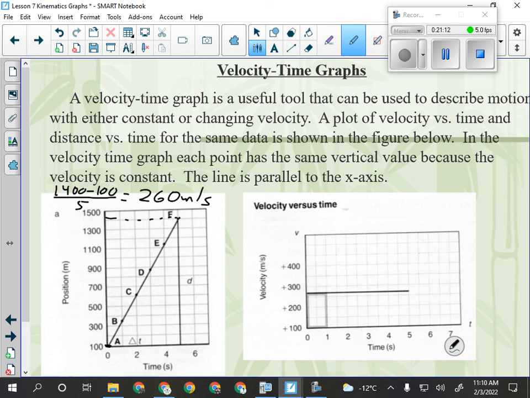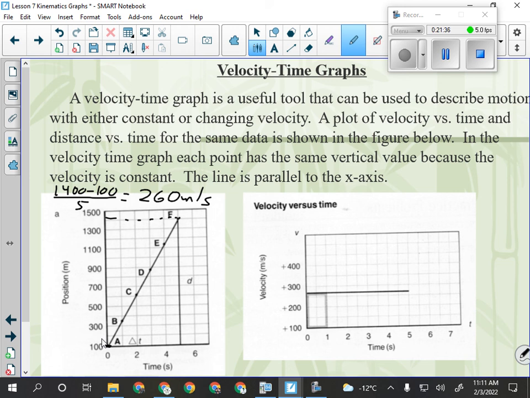Okay? So that line there has a slope of 0. It's flat, right? Horizontal, so it has no slope. Okay. So why am I bringing up slope on this graph when it has no slope? I'm bringing it up because we just looked at some examples of a position versus time graph's slope being equal to velocity.